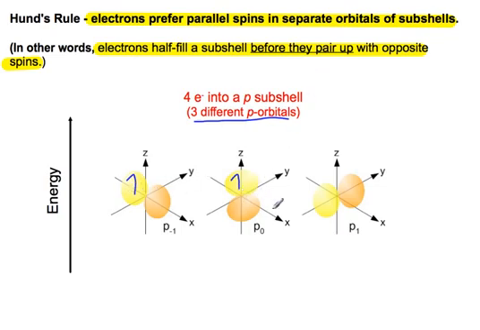Parallel spins, they're both upspin. I keep going. I can't put one in the first or the second, so I put it in the third with the parallel spin. Now I've half filled the subshell. I have to pair up now, and when I pair up, it's with opposite spins. So there are the 4 electrons in the 3 different orbitals of the p subshell.